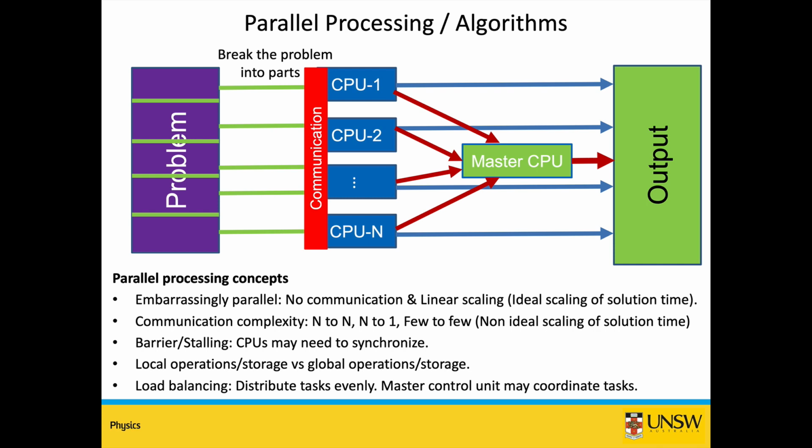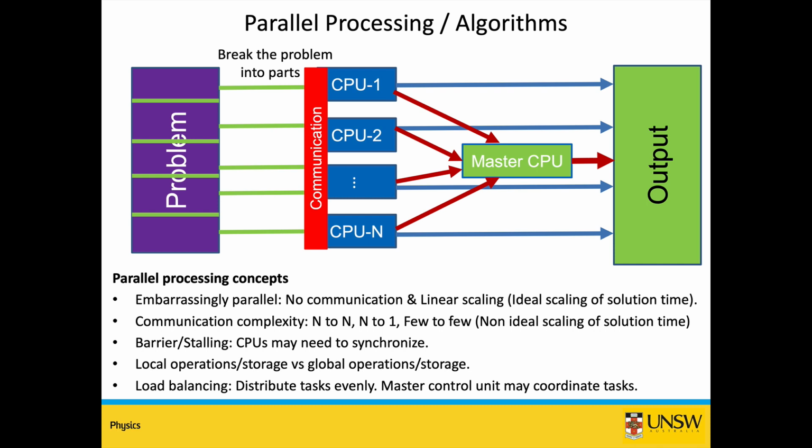That means if your problem takes 100 seconds to solve on a single CPU, and if you have 100 identical CPUs, then your problem will just take 1 second to be solved, right? The total time divided by the number of CPUs. So this is ideal scaling. This is the maximum scaling that can be achieved, and it's called an embarrassingly parallel case.